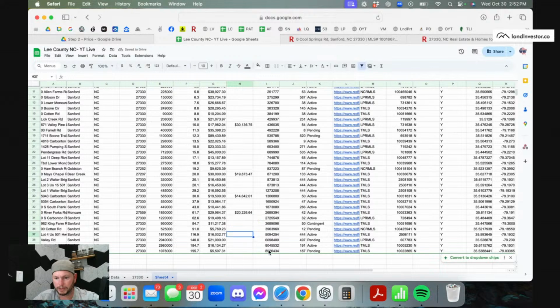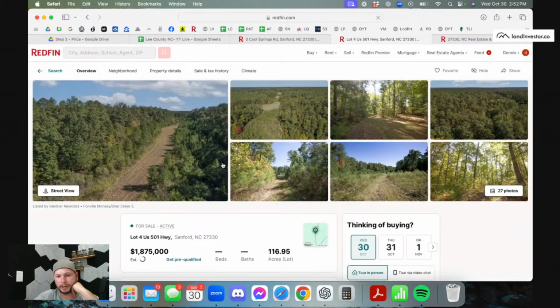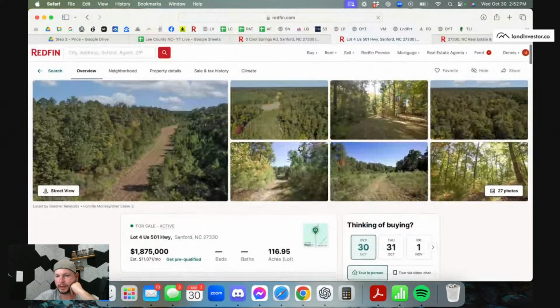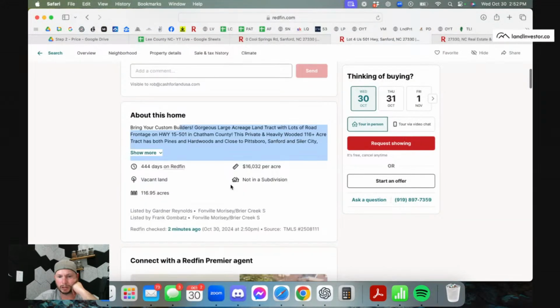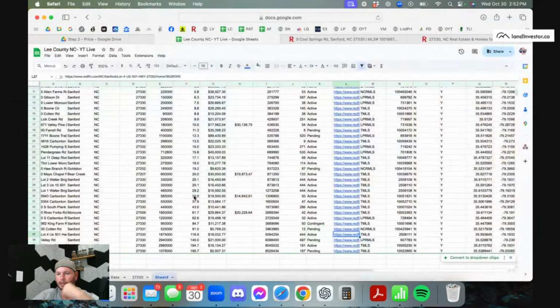All right, so you can see these guys right here. This is most definitely an overpriced parcel. It's been on the market forever. Bring your custom builders. This person will probably never sell. So that's now whatever.